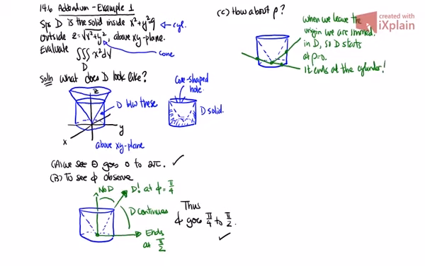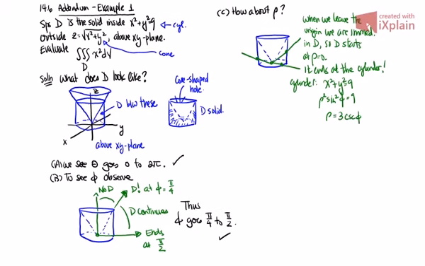Now it ends at the cylinder. Now the cylinder is our x squared plus y squared equals 9. But that is not in spherical, so we need to convert it. So remember that x squared plus y squared is rho squared sine squared phi. So we have rho squared sine squared phi equals 9. If we take the square root of everything and divide by the sine, we get rho is 3 cosecant phi.